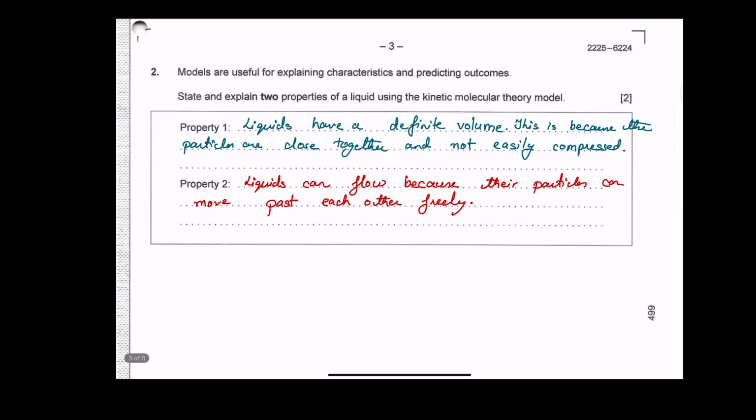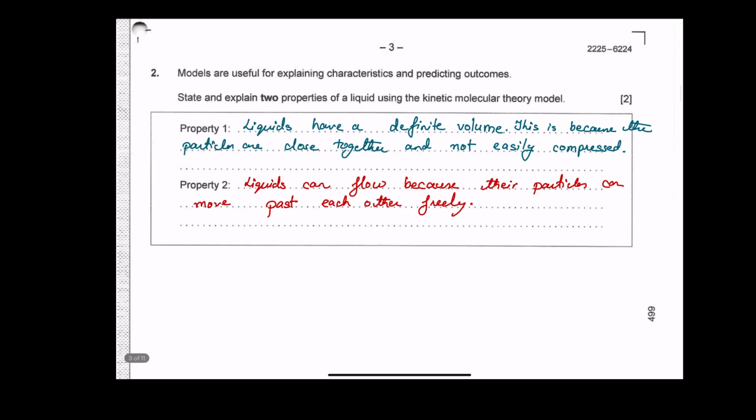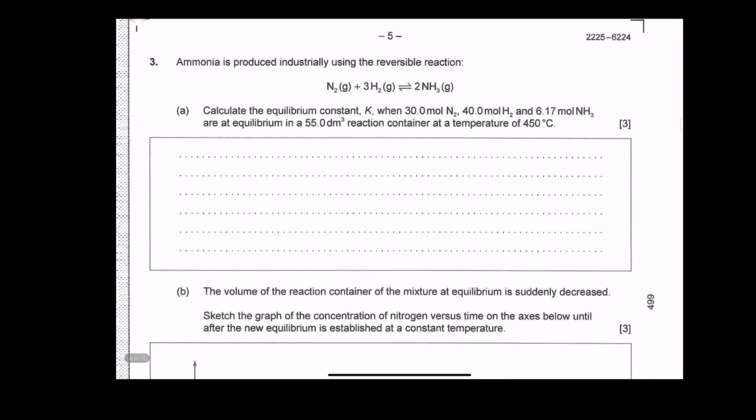Done. These are the two properties of a liquid using the kinetic molecular theory model. Now the next question, ammonia. Ammonia is produced industrially using this reversible reaction, also called the Haber process.